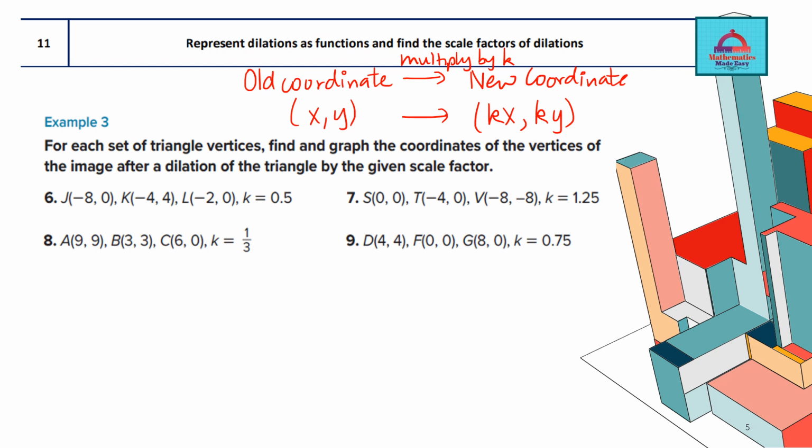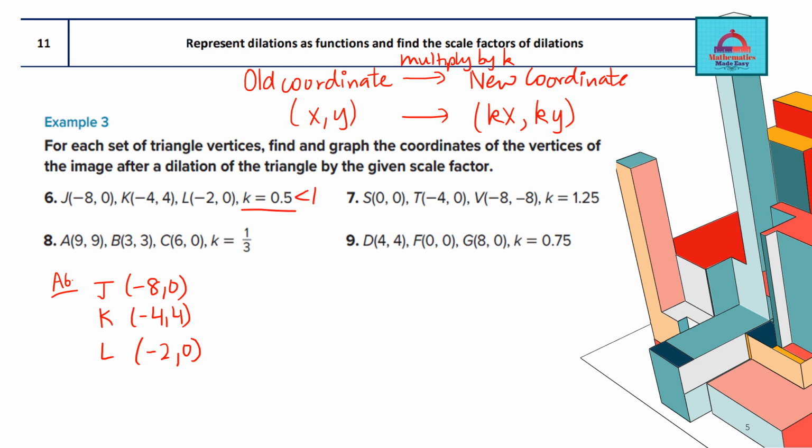I'm going to do answer 6 and 7 first. So let's solve it here. Let me write all the old coordinates J, K, L. These are the old coordinates, minus 8 comma 0, minus 4 comma 4. I'm writing it in x comma y format. And then you look at the scale factor. Scale factor is less than 1.